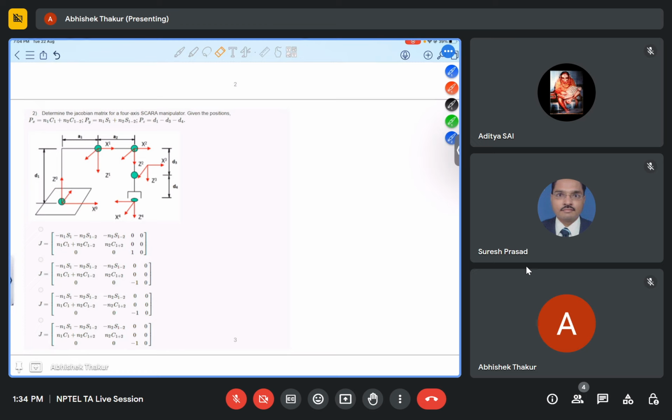When we have to find the Jacobian, the definition of Jacobian is as you must have studied in the lecture. J_kj, where k is the kth row and j is the jth column of the Jacobian matrix, can be given as the partial differentiation of W_k by del q_j. So when you do it, it will be del W1 by del q1, del W1 by del q2, and so on up to del W1 by del qn.